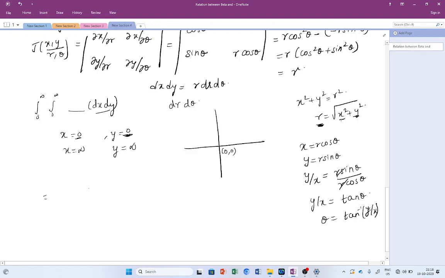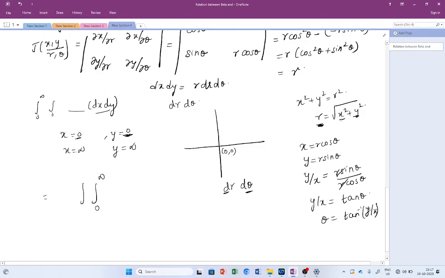So the lower limit for my r is 0. Now when x is equal to infinity and y is equal to infinity, what will happen? Infinity square plus infinity square, so this also will become infinity. These are the limits for my r.